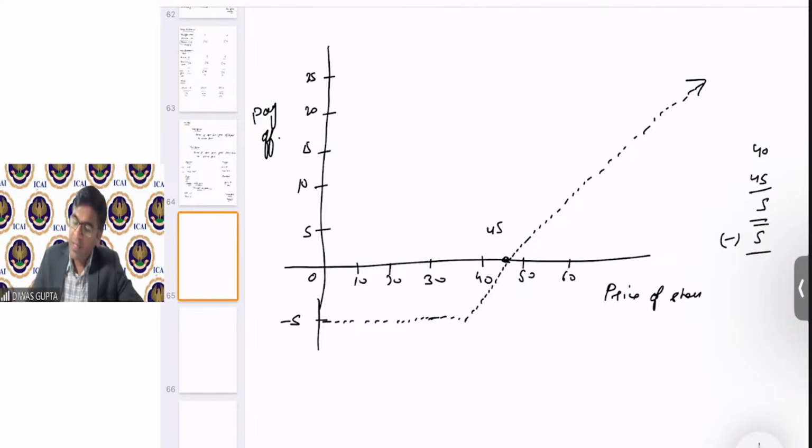However, the 5 rupees premium is already paid, so 0. So that means at 45, the payoff will be 0. Hence what we have denoted here. So we can say that there is a benefit to the call buyer if the price at expiration crosses beyond 45.